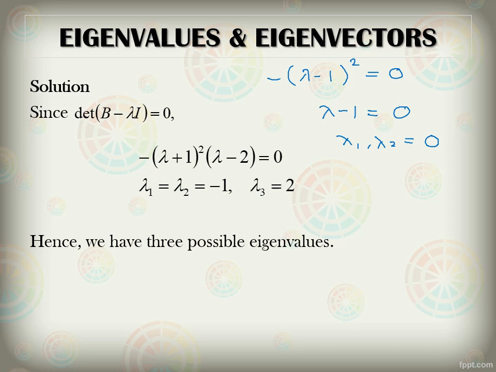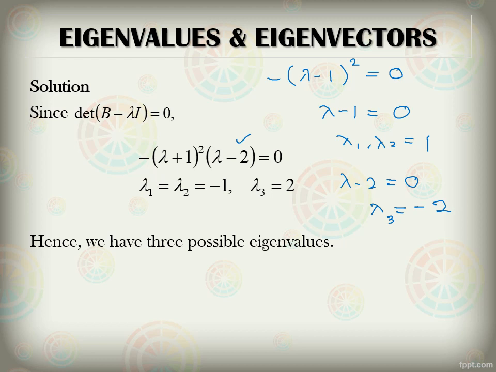From the second factor, lambda plus 2 equal to 0, so your lambda is equal to minus 2. Define this as your lambda 3.